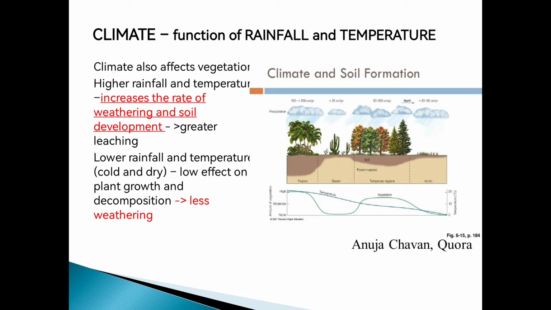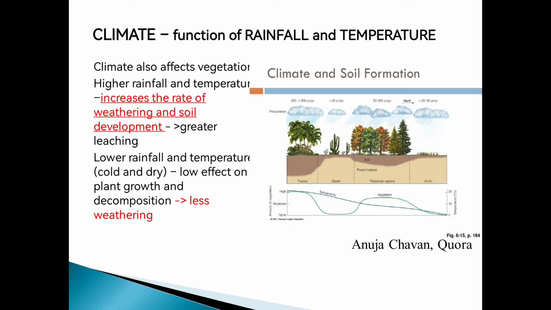The higher rainfall and temperature will increase the rate of weathering and soil development because it will result to greater leaching. So ito yung weathering. Ano bang ang weathering? Ito yung pagdi-disintegrate ng rocks into small particles. Later on, we are going to discuss about weathering.